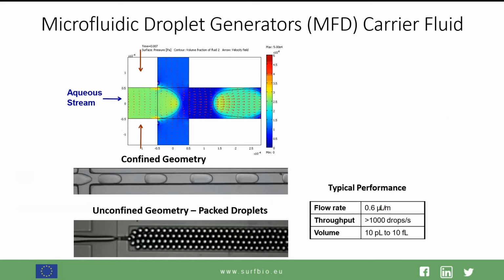What is more important here, and how they are usually characterized, in a typical T-junction, when you have the aqueous stream and oil which cuts it, you have just two parameters: the speed of the oil and the speed of the aqueous stream. Depending on these, you can generate different sizes and different geometry.